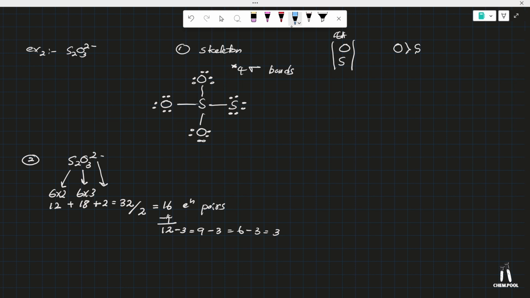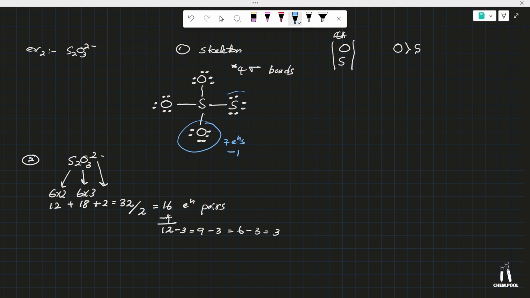Then you can check the octet here, right? What happens in the octet? Sorry, all atoms get the octet, including the central atom, right? It's okay. Then what do you need to do? Calculate the valence electrons and put the charges. Here each oxygen and sulfur atom also has how many? 1, 2, 3, 4, 5, 6, 7 electrons. 7 electrons, therefore negative 1 charge.